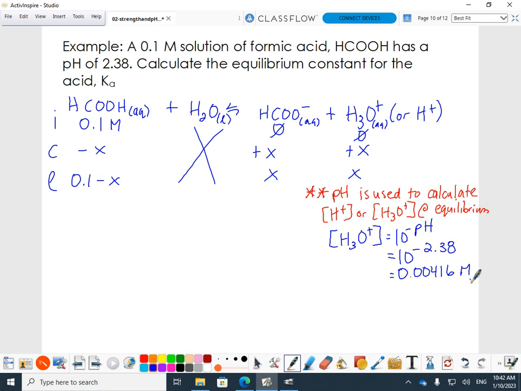I don't care. One annoying thing about this: pH has no units, the K value has no units, but concentration does have units. So that's a very annoying communication mark to lose.